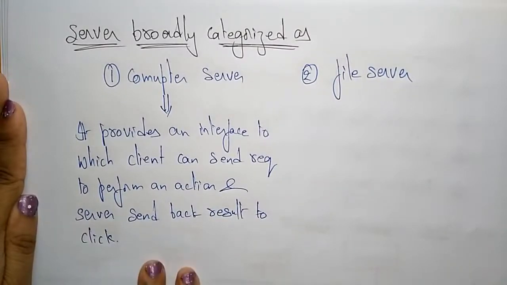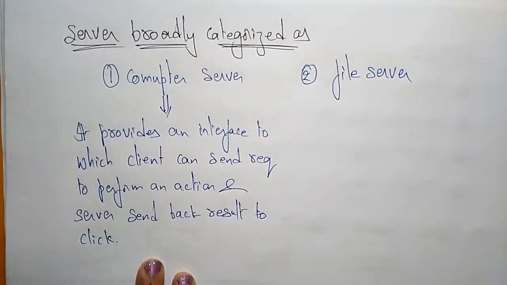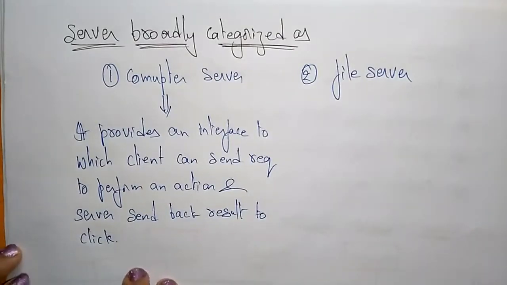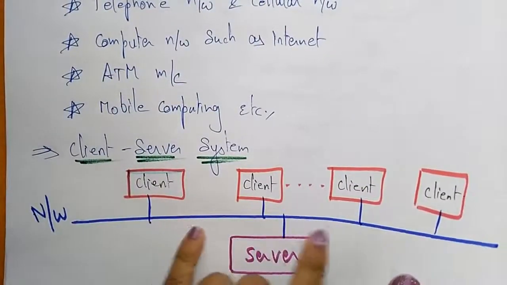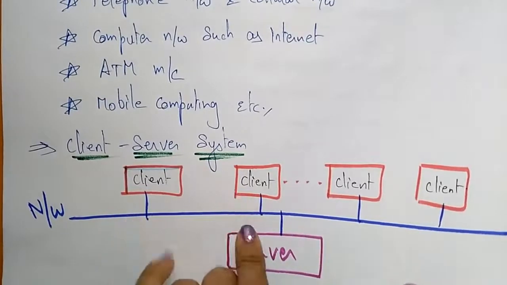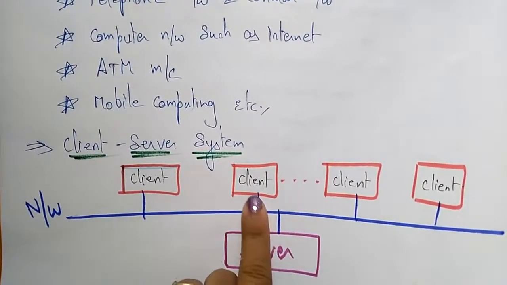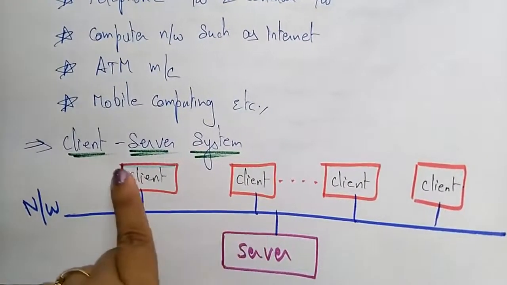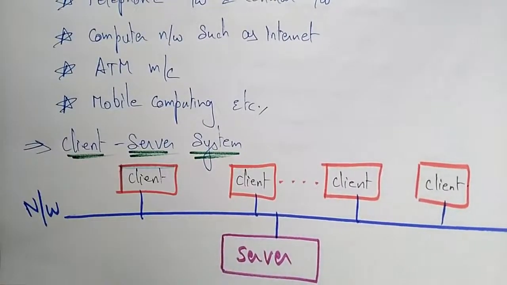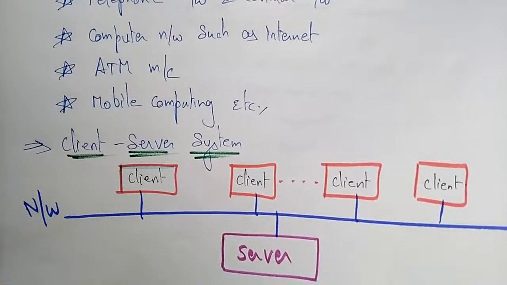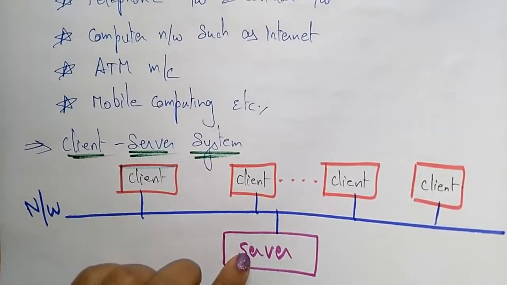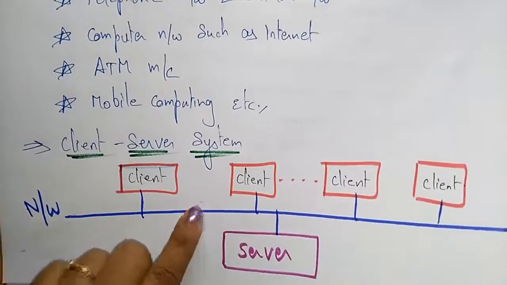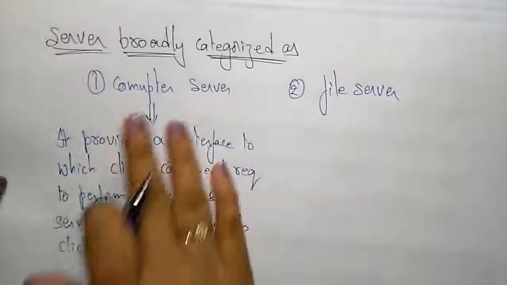So here a two-way communication is there. First the clients send a request to the server. Whenever the server receives the request, it responds to that client's request and sends the data to the client that requested it. Suppose this client requests the server to send some message, then the server will respond by sending the message. That you call a computer server.